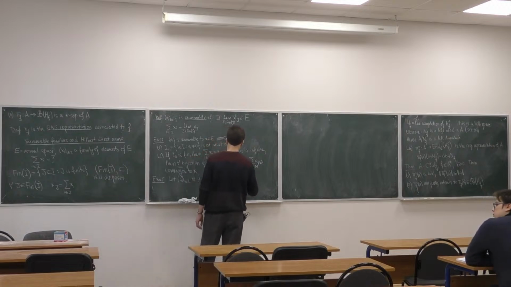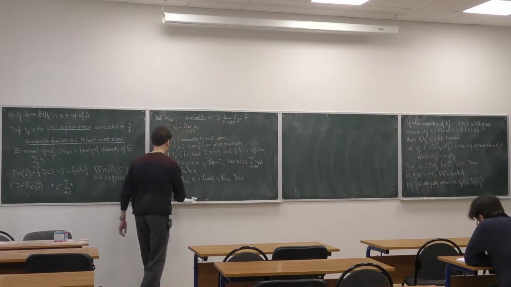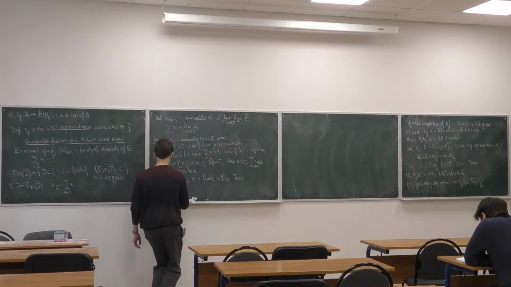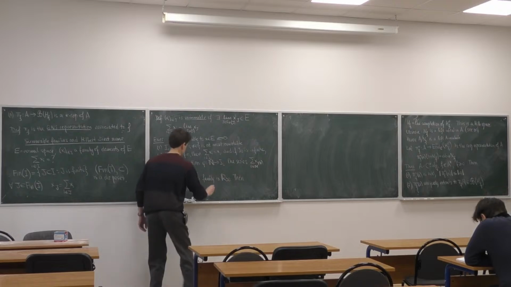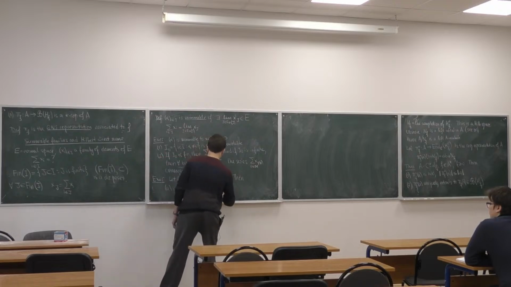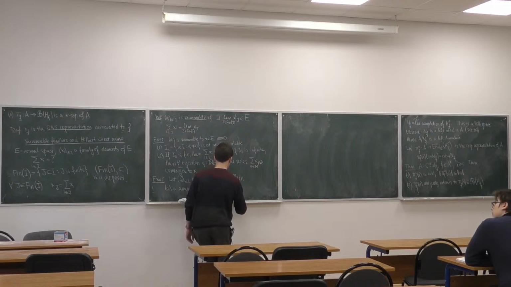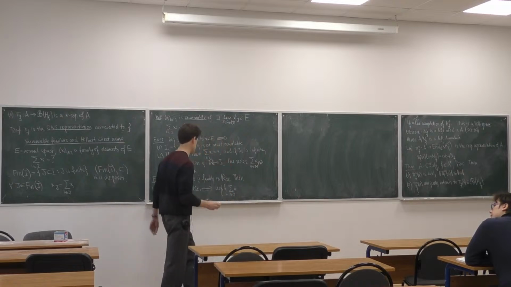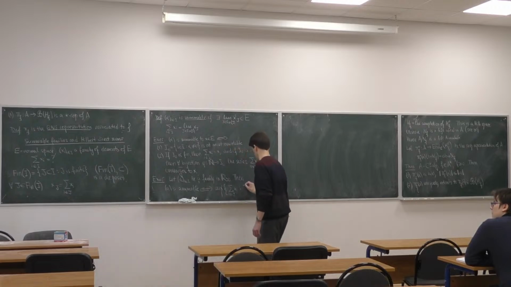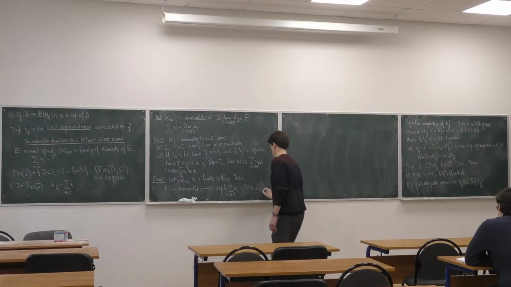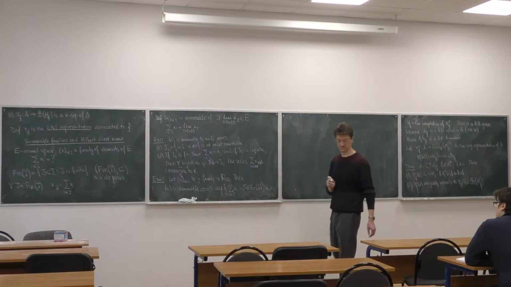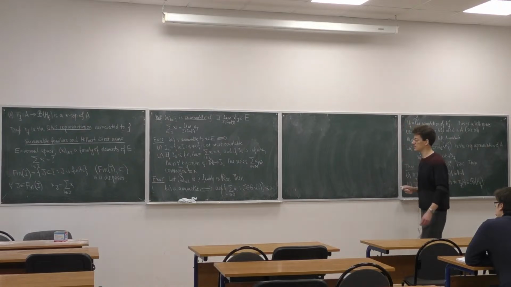Then a simple exercise is to show that this family x_i is summable if and only if the following supremum is finite. We consider all finite subsets J of I, and for each such subset take the sum over J. So this supremum is finite. This is equivalent to the summability of our family.